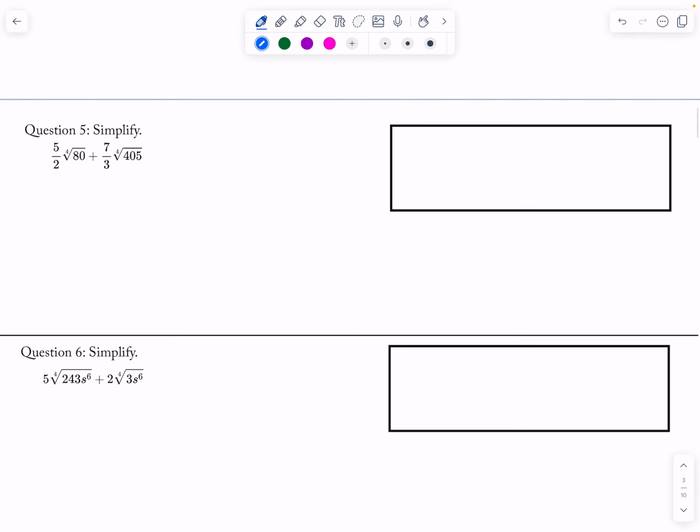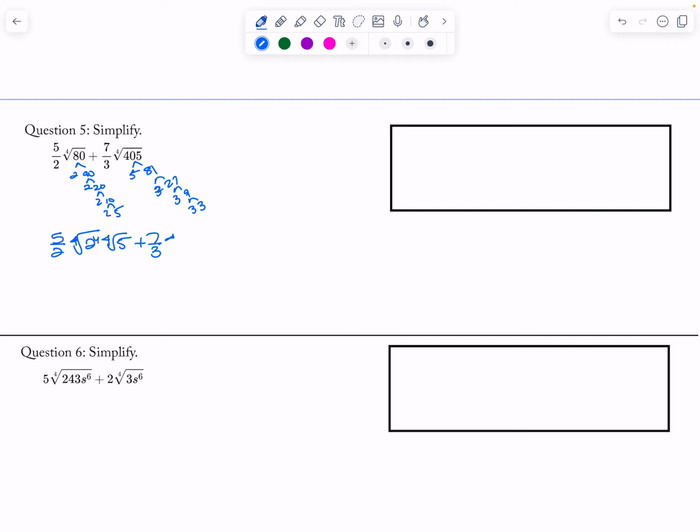Question 5 is 80, 2 and 40, 2 and 20, 2 and 10, 2 and 5. So this is 5/2, 4th root of 2 to the 4th, 4th root of 5, plus 7/3. 405 is divisible by 5, so that's 81, 3 and 27, 3 and 9, 3 and 3.